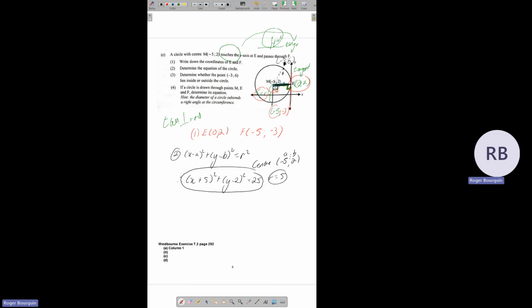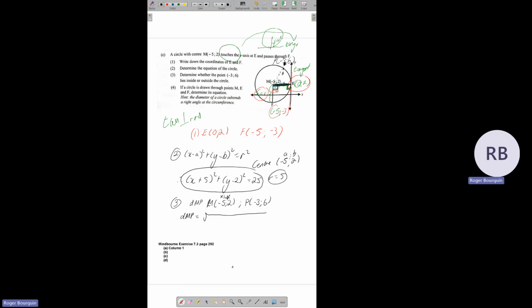So for question 3, you're going to find the distance between M, let's call this point P, where M is the center, which has coordinates -5, 2, and P is this point, -3, 6. To find the distance MP, we're going to use the distance formula, which is on your formula sheet.